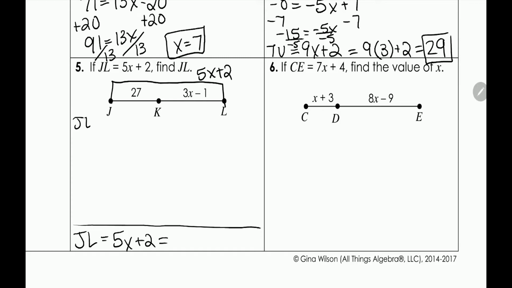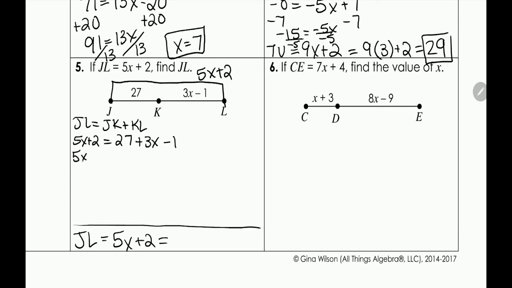So we know, again, that JL, so the whole thing, is going to be JK, so this part, plus the KL. JL, we wrote, is 5x plus 2. JK is 27. Then from K to L, we have 3x minus 1. Okay, so we just write that down.